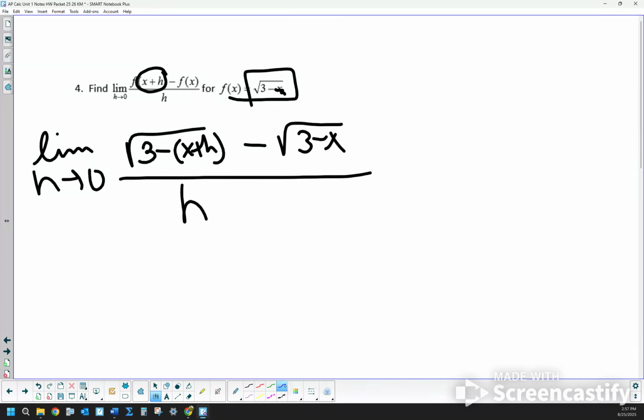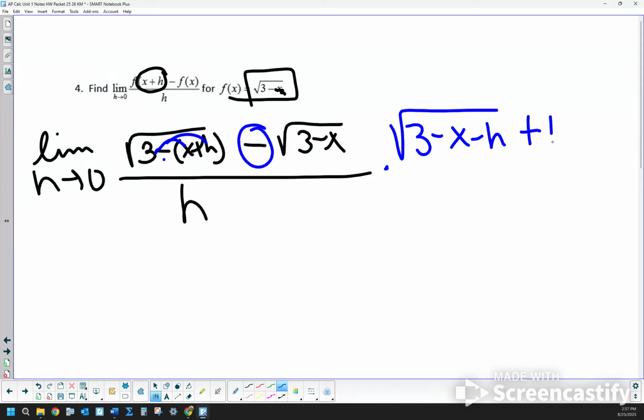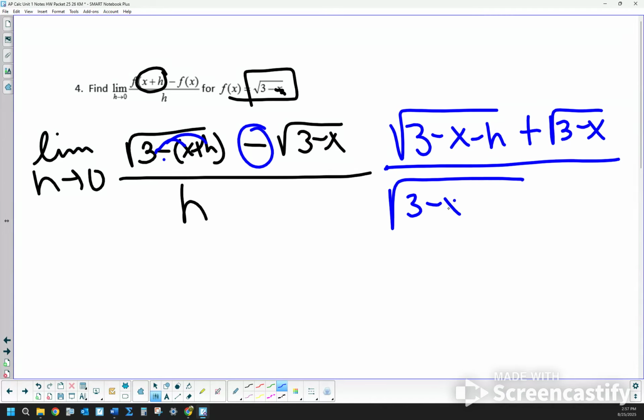And again, this is a radical, so we're going to do the conjugate and multiply it. And I'm going to go ahead and distribute this negative at the same time here, because everything inside the radical doesn't change. And then all over the same thing here. And then we can go ahead and double distribute.